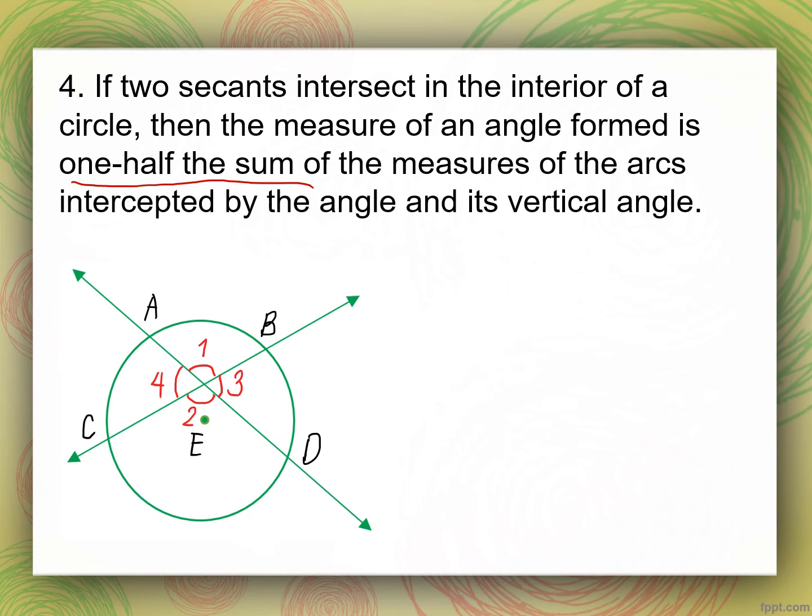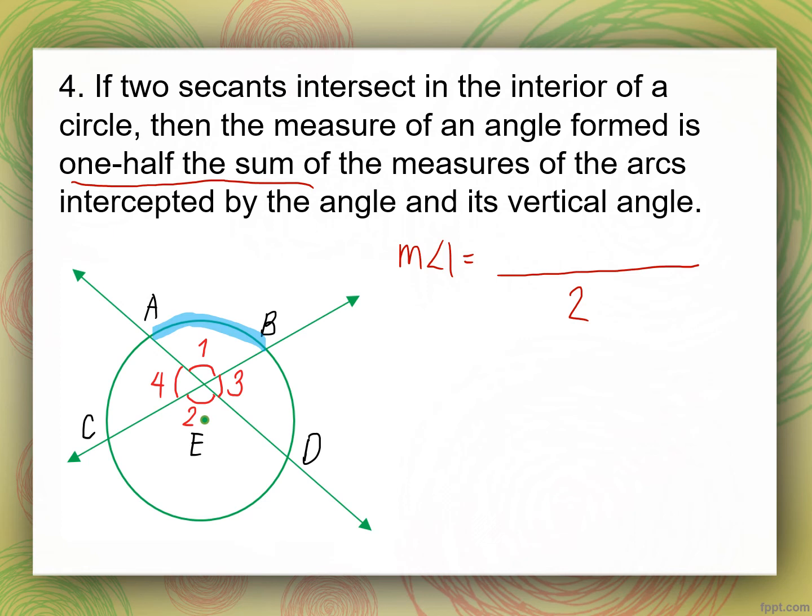So if we are looking for the measure of angle 1, for example, we need to get half the sum of the measures of its intercepted arcs. The intercepted arc of angle 1 is arc AB, right? This one.